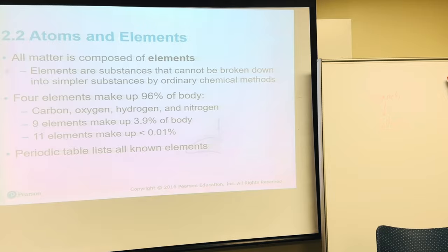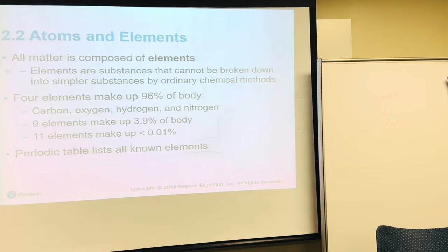And what are the names of those? Carbon, oxygen, hydrogen, and nitrogen. 96% of your body is actually made up of how many elements? 4 elements. What are those? Carbon, hydrogen, oxygen, and nitrogen.